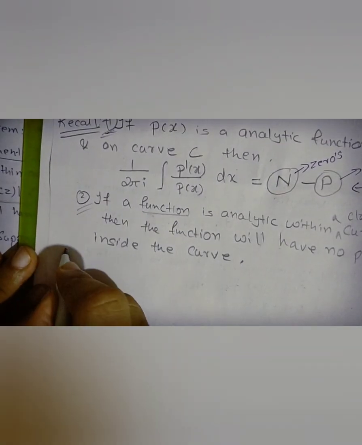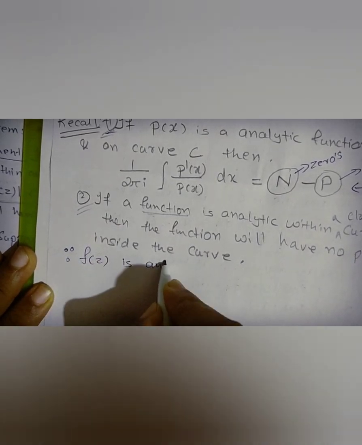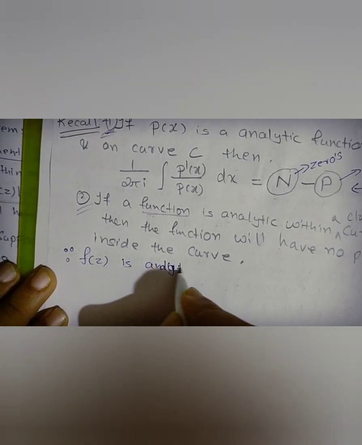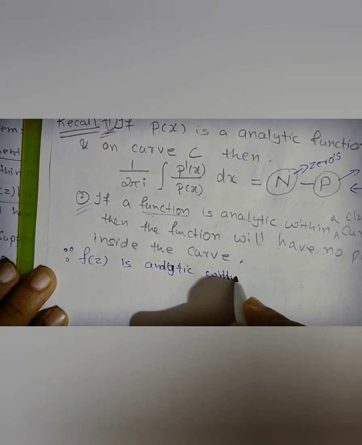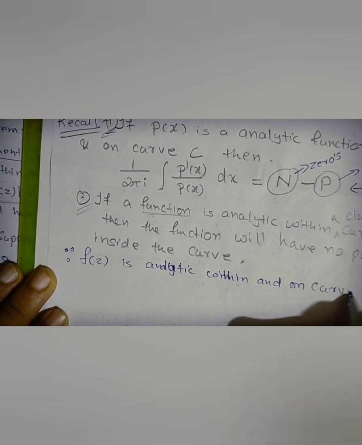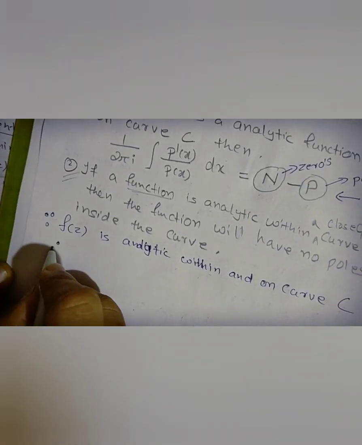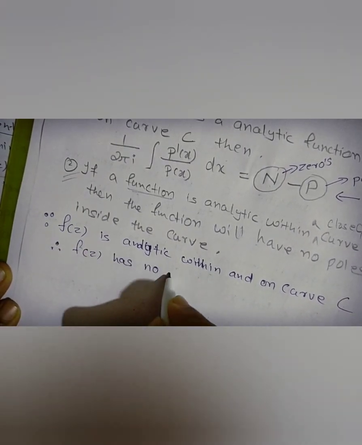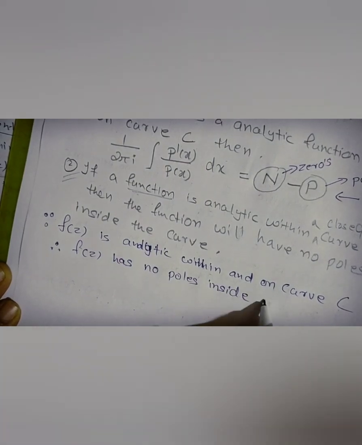So I can say, since f of z is analytic within and on curve C, therefore we can also say that f of z has no poles inside C, right?